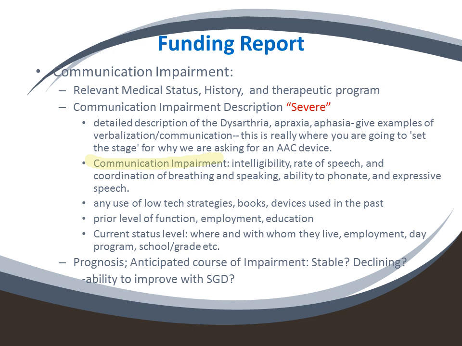Is their anticipated course of impairment stable? Is it declining, like with ALS or a progressive disorder? You have to state in your report that their communication is improved with the SGD, and if it's an eye gaze accessory that you're going with, you have to state that.